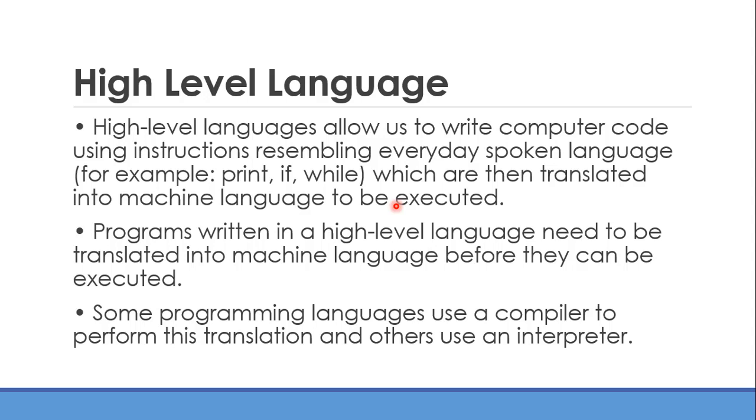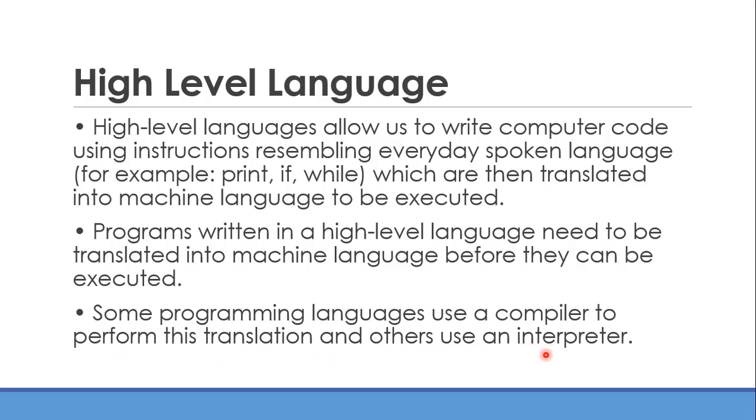They are called functions. Programs written in a high-level language need to be translated into machine language before they can be executed. Some programming languages use a compiler to perform this translation and others use an interpreter.